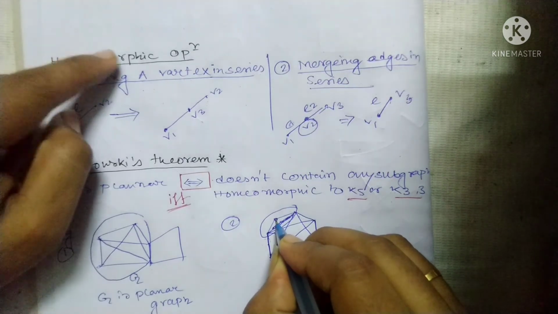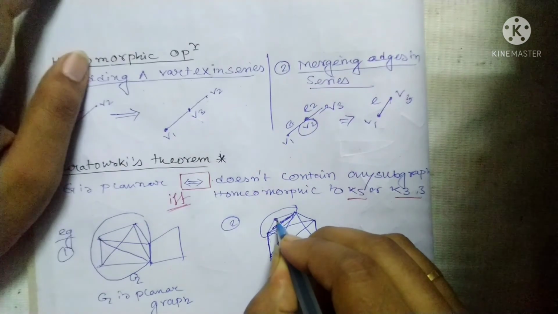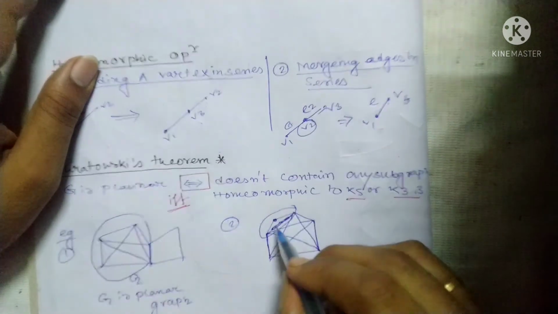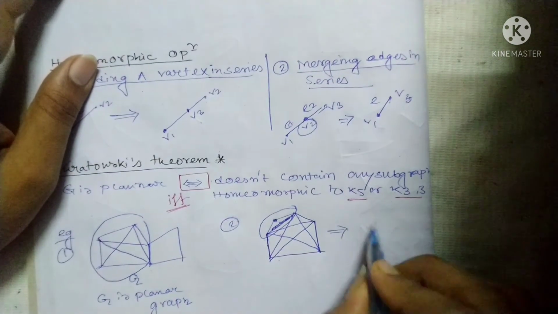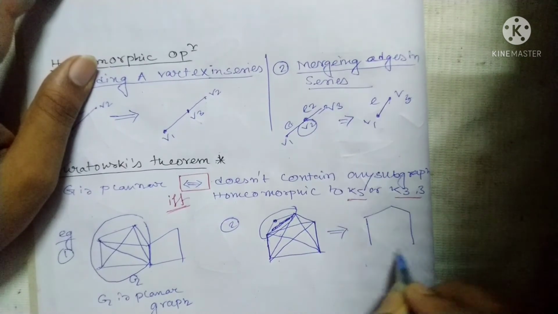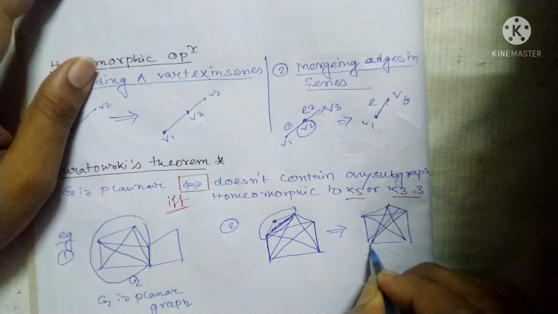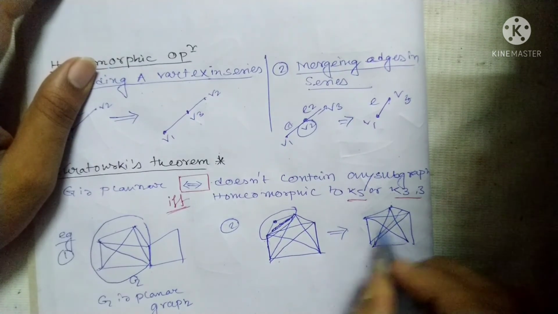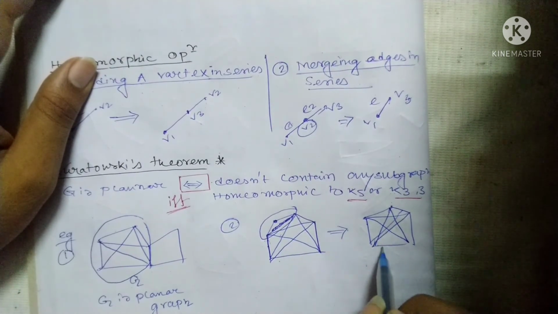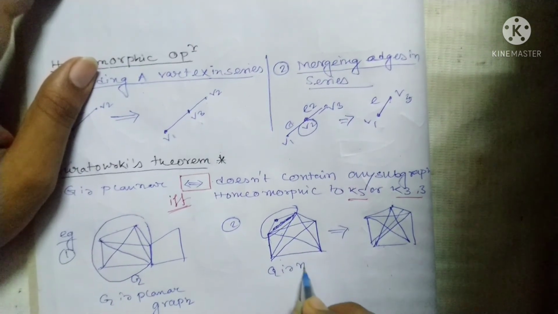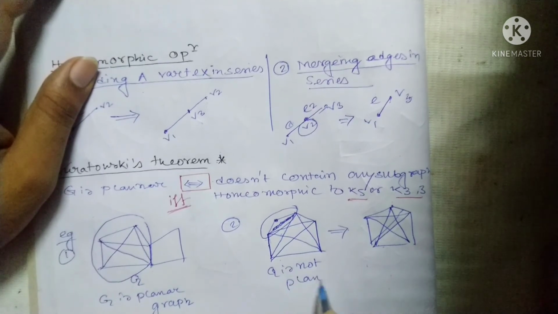Using the homeomorphic operation, the second operation, we can omit the vertex by merging these two edges into one. So we can rewrite the graph like this, and you can see this is K5. So this graph is homeomorphic to K5, and we can say this graph G is not a planar graph.